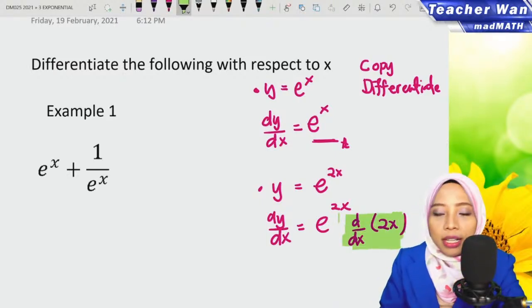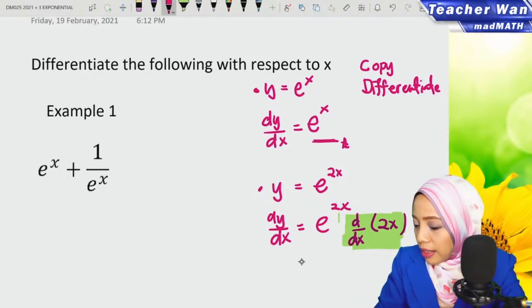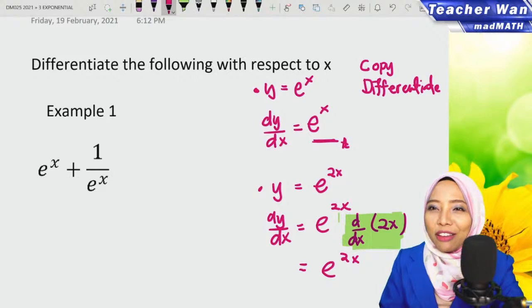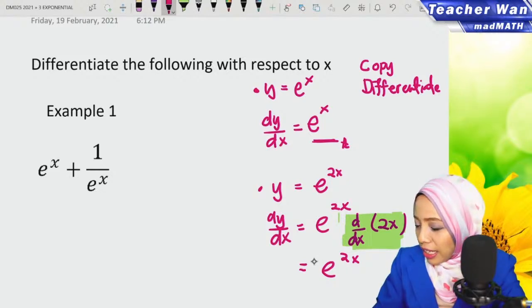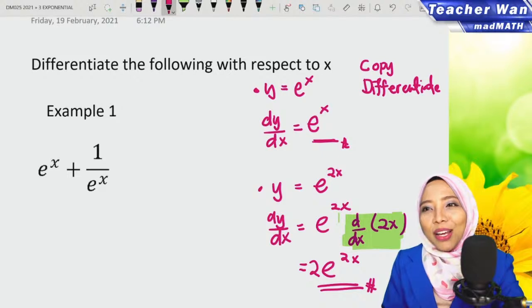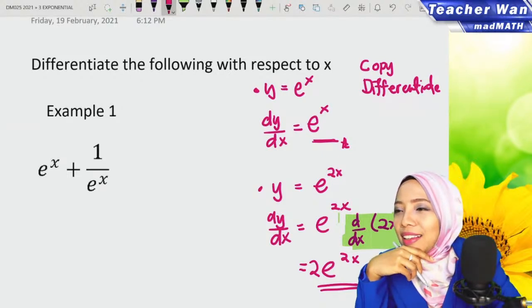It's up to you. But the answer, of course, is compulsory. The differentiation of 2x will give us 2. Easy peasy, lemon squeezy.